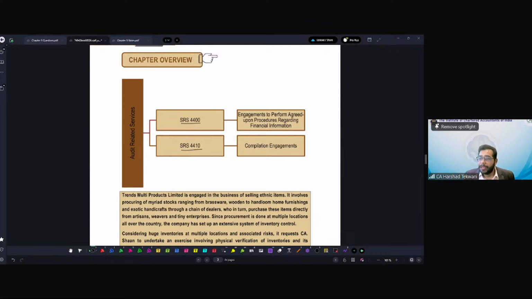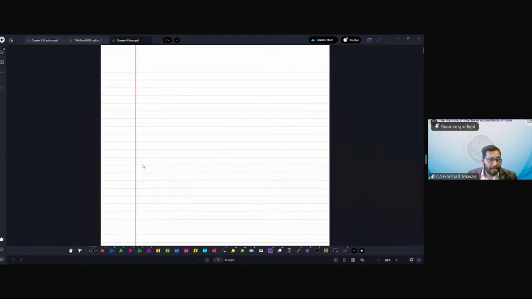Now, when I talk about an assurance engagement, what is an assurance engagement? Can anyone explain what is an assurance engagement? We have dealt with an assurance engagement multiple times. Anyone?